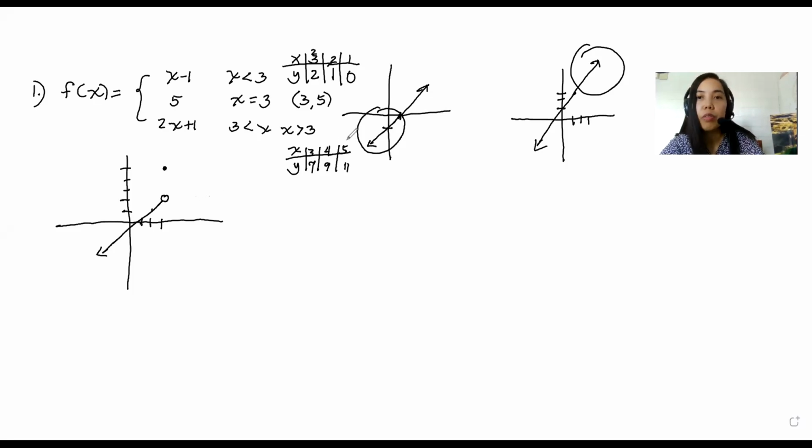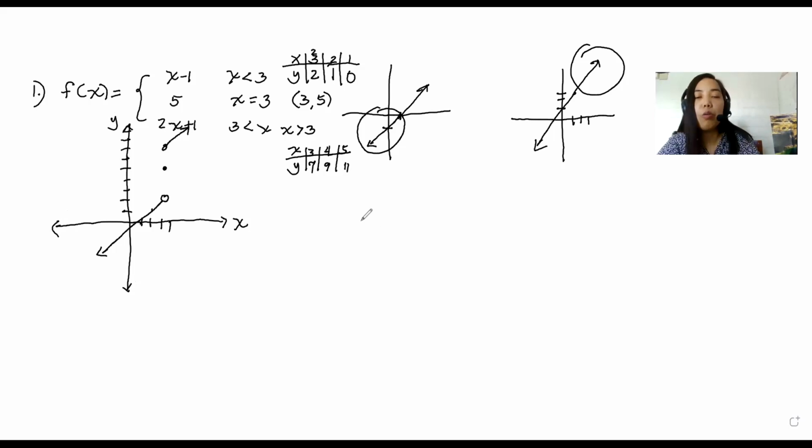So the graph of the line goes upward. We'll have (3, 7), open at 3, and (4, 9). That's how it looks, class. So this is the graph of this piecewise function.